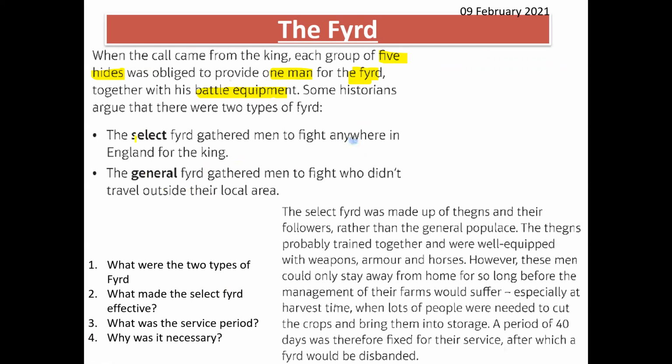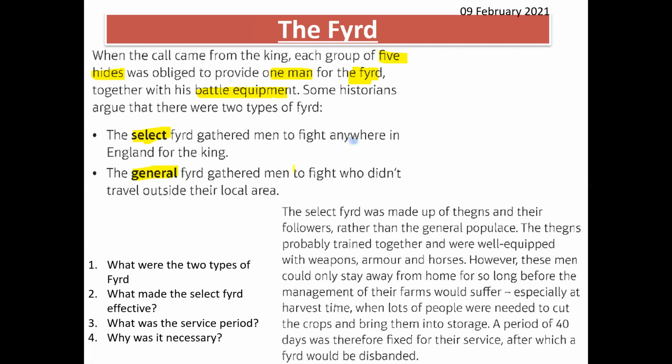So there were two different types of feud, the select and the general feud. The select feud gathered men to fight anywhere in England for the king, or maybe even abroad, but that didn't really happen as much. English kings had more than enough on their plates managing issues in England at the time.